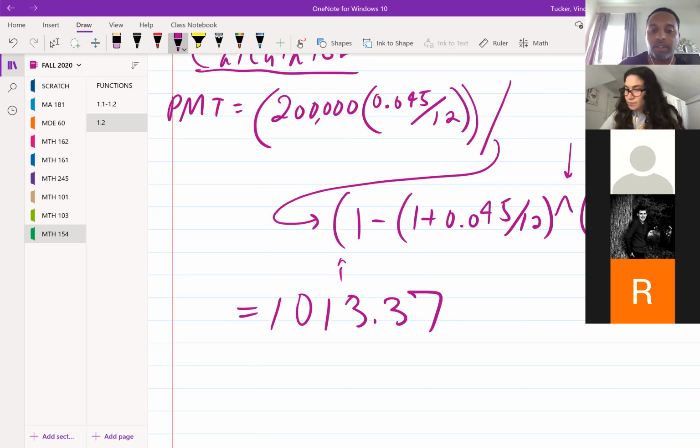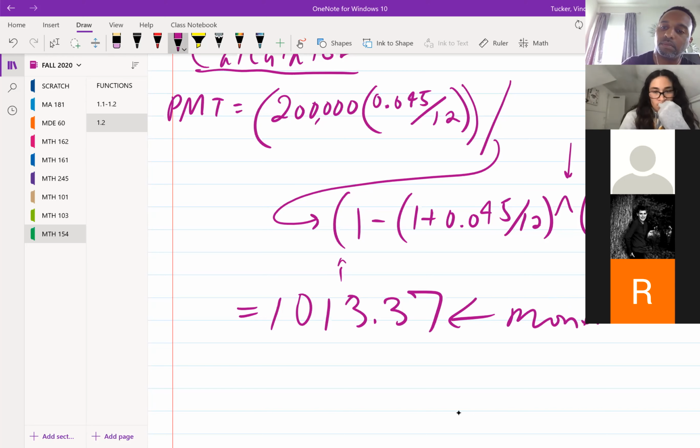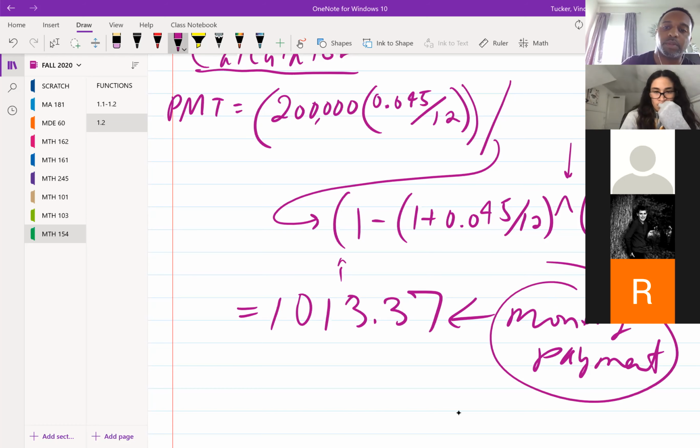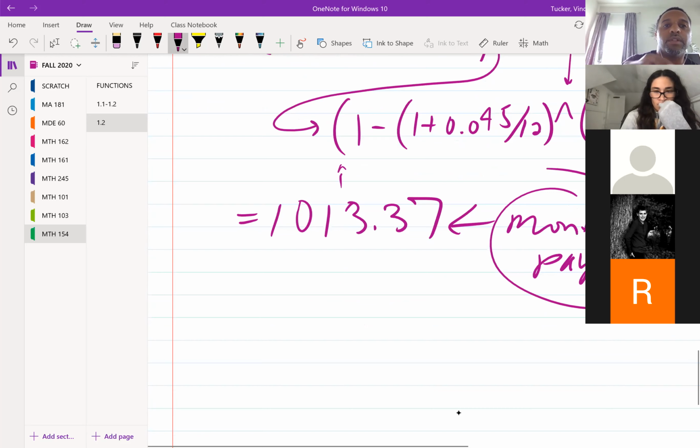All right, let's see. It was A, B, and C. Determine the total amount. So we calculated the monthly payment here.